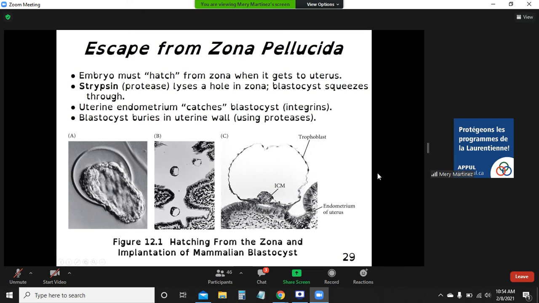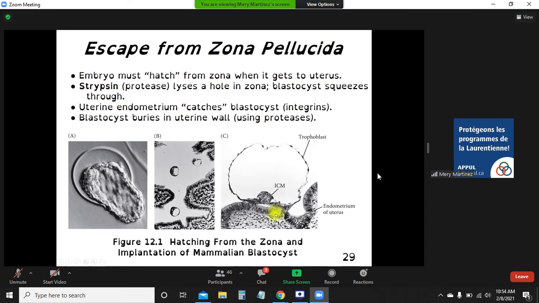Once in contact with the endometrium, the trophoblast encourages the expression of WNT. WNT encourages the cells to secrete another set of proteases.